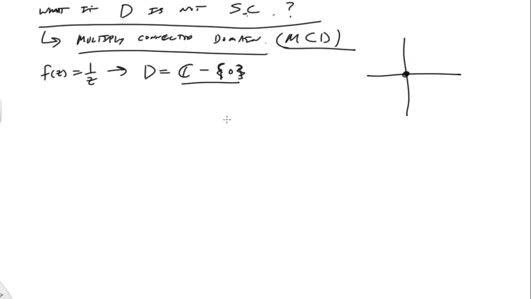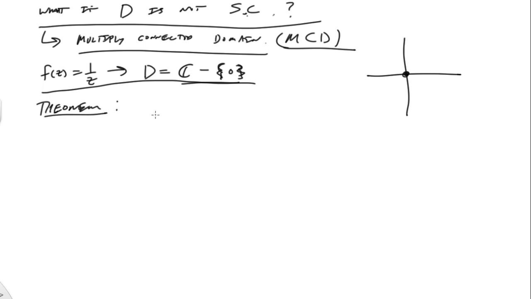We're going to call that a multiply connected domain. Now we're going to talk about a way to handle domains like this in reference to contour integrals around closed contours. So I'm going to state a theorem.